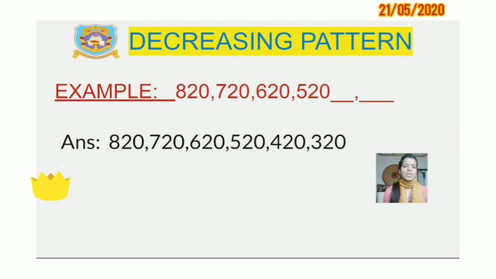Decreasing means we have to subtract a certain number from a particular term in a pattern in order to get the complete sequence of the given pattern. Okay, so dear children, I hope that the concept of patterns in numbers is clear to all of you.